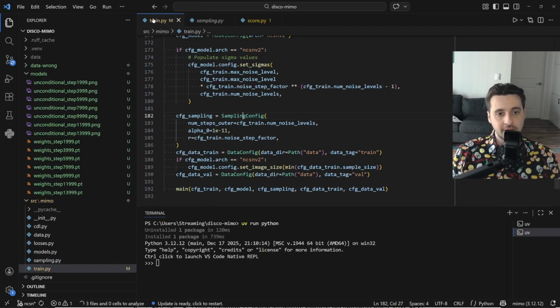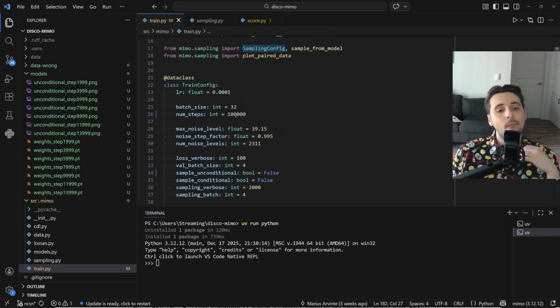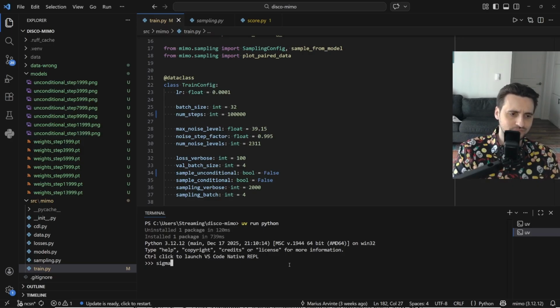Okay, so we have the max sigma is 3915. Sigma 0 is sigma L times 0.995 to the power of 2310.